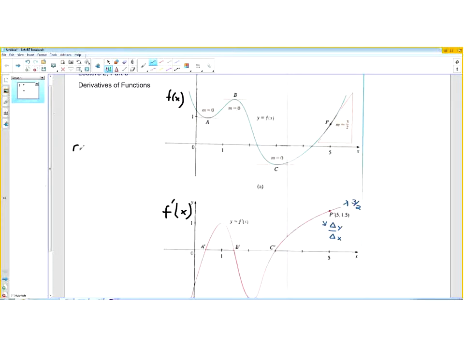Recall, the derivative of a function at x equals a is the limit of the difference quotient. That's one definition. I'll write it here for your reference.